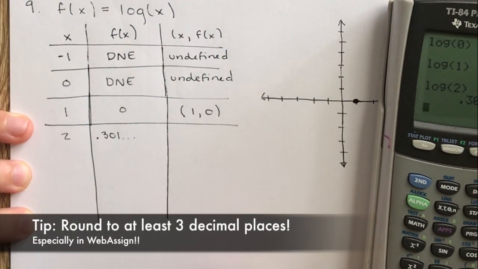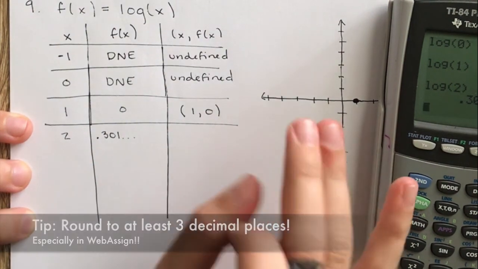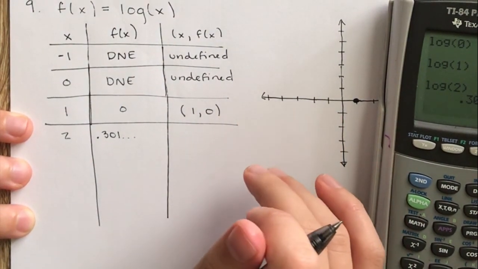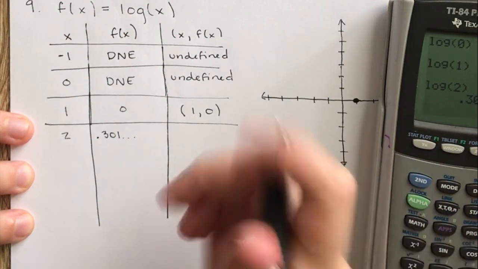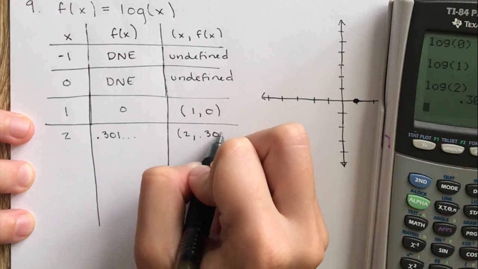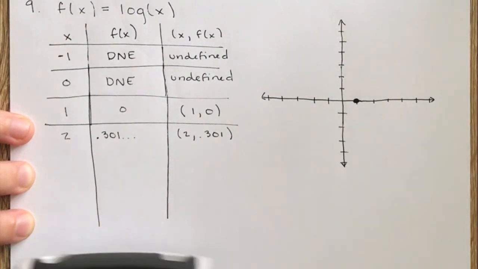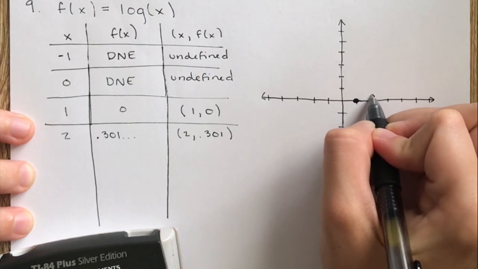Generally for WebAssign, whenever you round stuff, round to at least 3 decimal places. That will make sure that your answer isn't counted incorrectly for a rounding error. So that means we have the point (2, 0.301). We graph that, probably about right here.